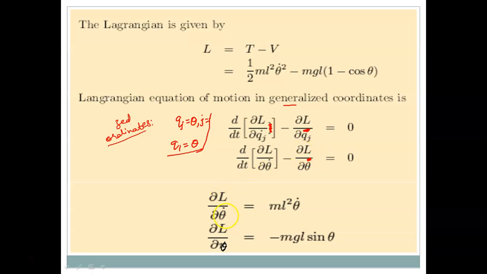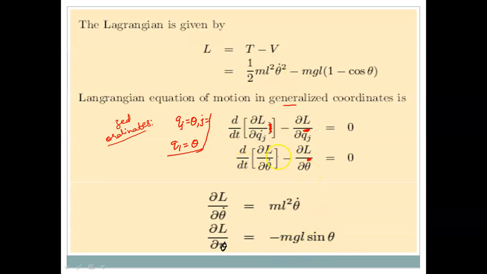Del L by del theta dot can be calculated from here. It comes out to be m L square theta dot, and del L by del theta we can obtain from this again, and the value comes out to be minus mgL sine theta, because the derivative of cos theta is minus sine theta, so minus minus gives plus mgL sine theta.